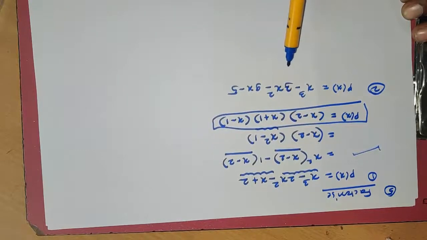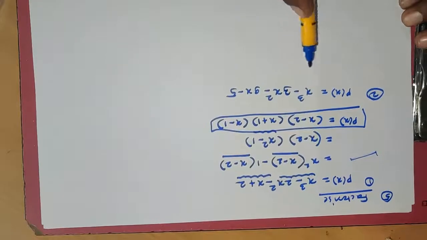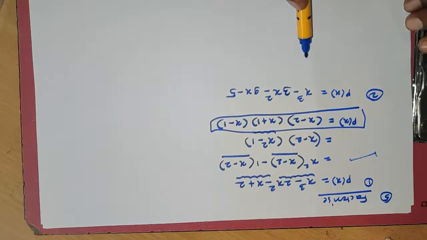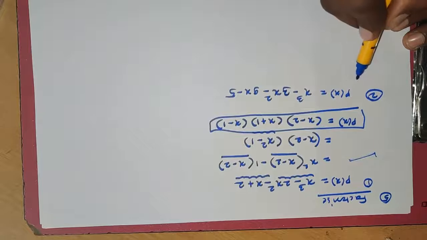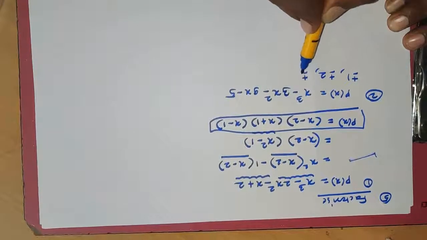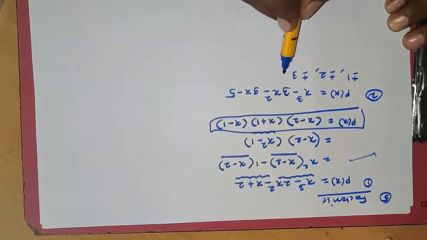So here we have to use another method, and that is called the trial and error method, where we are going to try the different factors like plus minus 1, plus minus 2, plus minus 3, and so on.